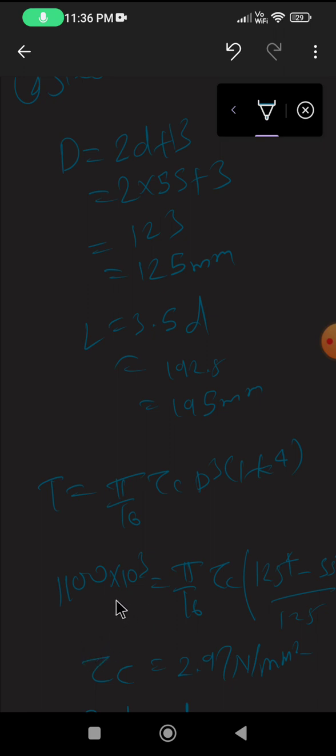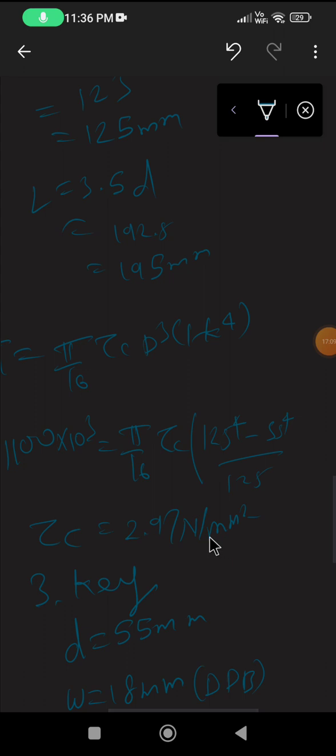Now we will design for the key. We are taking the width of the key as 18 mm from the design data book for a 55 mm shaft.